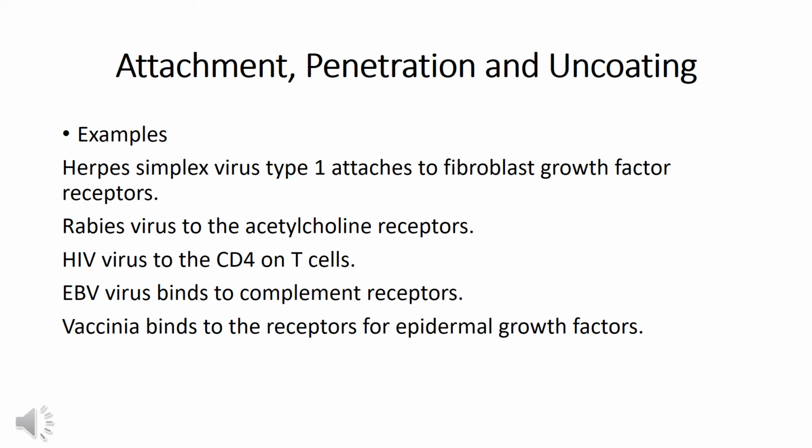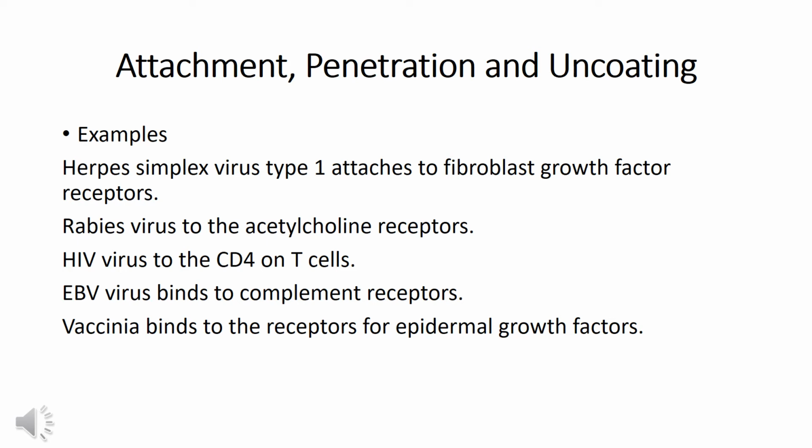Epstein-Barr virus binds with complement receptors, and vaccinia virus binds on the receptors of epidermal growth factors. So viruses are specific to receptors and host as well. You must keep in mind these important examples: rabies, HIV, and herpes simplex.